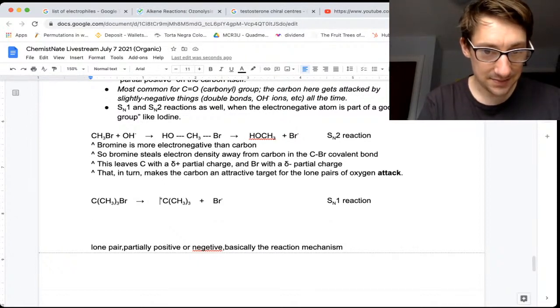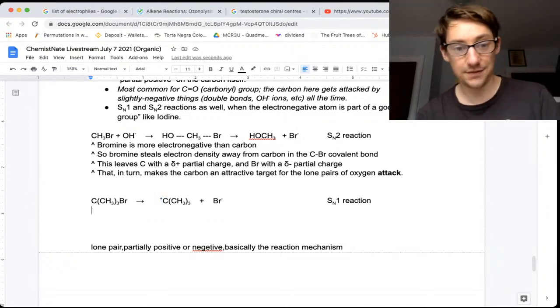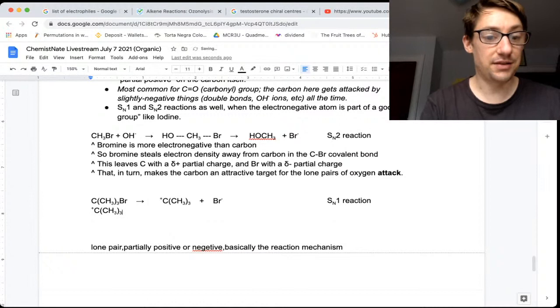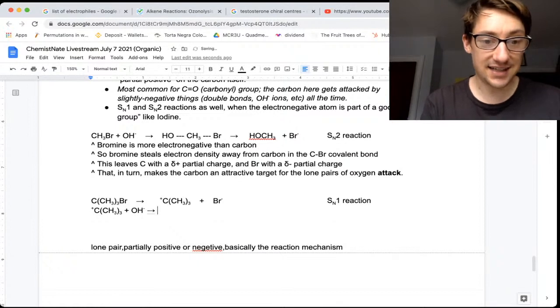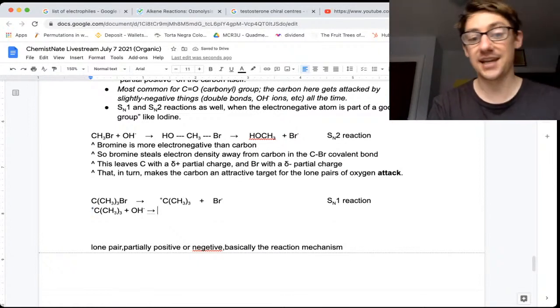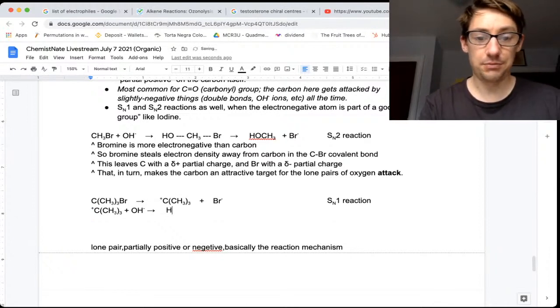So it is actually an intermediate. It is the product of the decomposition. But then the OH minus ion will attack it. It's got an actual full positive charge, not even just a partial positive charge. And you end up with your OH attached to it.